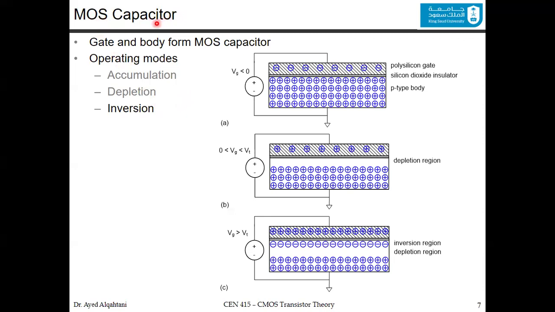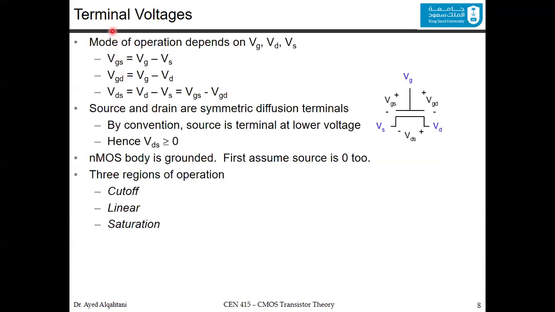Now we will try to build up the transistor. We know that we have terminals, the source, drain, and the gate. And now between those terminals, you have different voltages. They could be positive or negative, depending on the way you read them. So you have VGS from the gate to the source, or VGD from the gate to the drain, or VDS from the drain to the source.